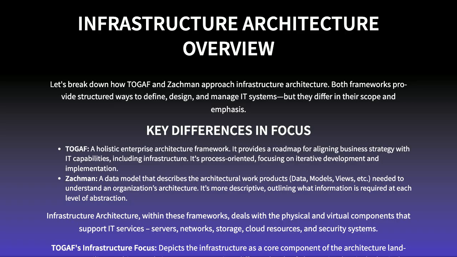It's a way to describe what information you need to understand the architecture at different levels, from high-level business goals down to specific hardware components. Infrastructure itself, things like servers and networks, is a key part of both, but TOGAF focuses on how it fits into the bigger picture of your overall enterprise architecture, while Zachman breaks it down into its various facets.